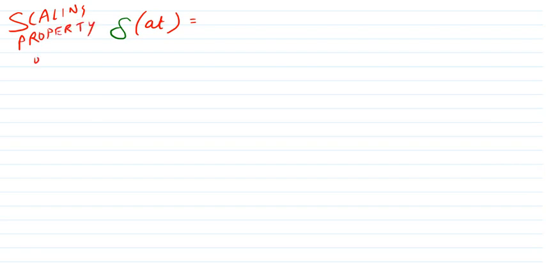Then we have another important property, that is the scaling property. So basically, what is the scaling property? If you scale the time, this is the scaling property of the impulse function.